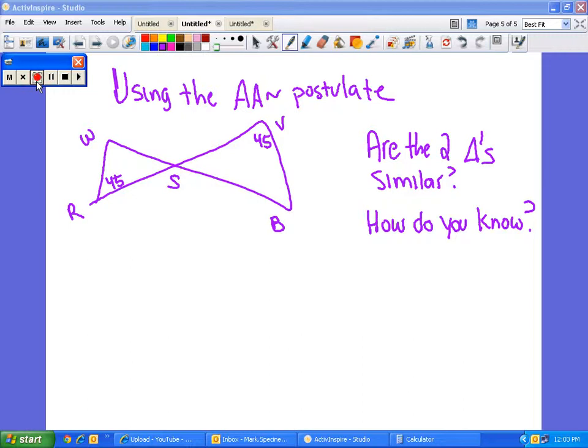I would say for the vertical angle. And which are the vertical angles, Tyler? R and B. Nope. Oh, okay. John, do you know which two angles are the vertical angles? No? You know what the definition of vertical angles is? Yes? No?